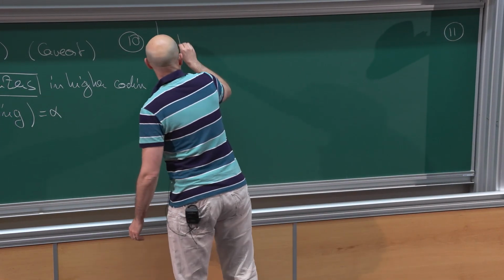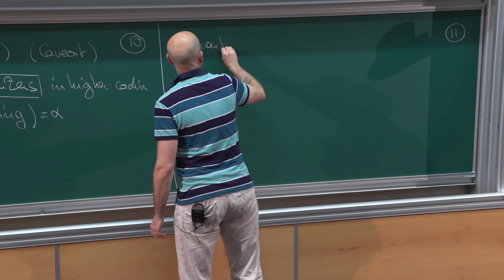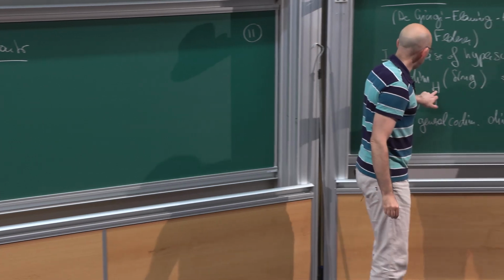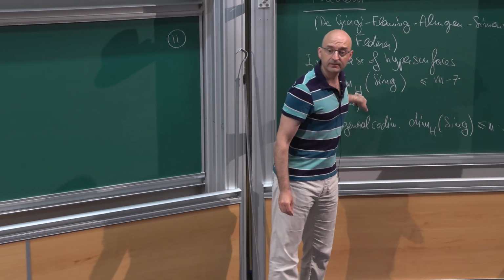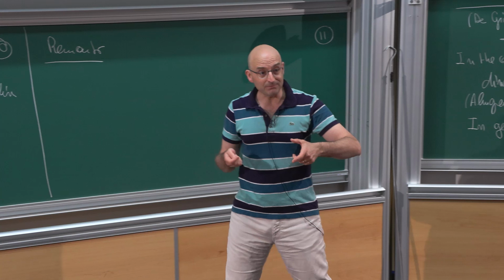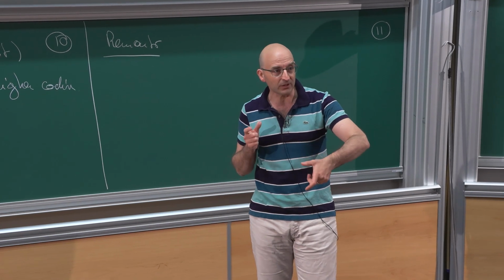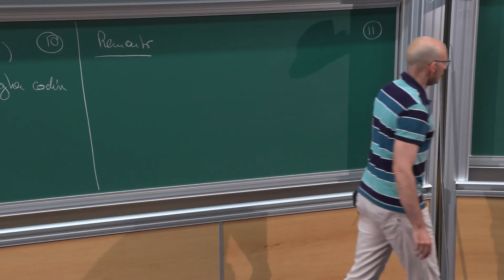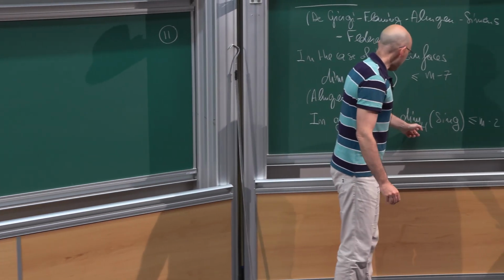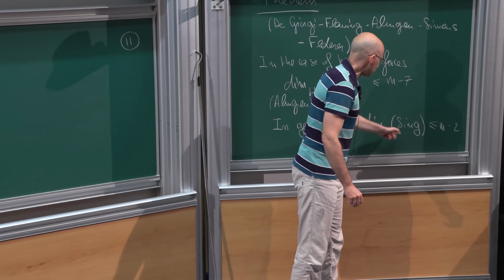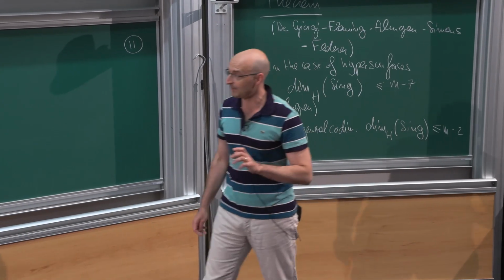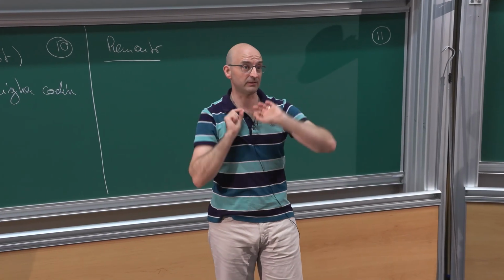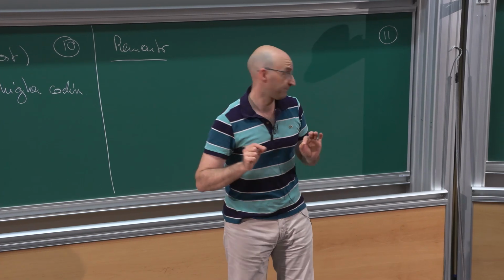OK, on the other hand, you can still do something, because, so let me just make the following important remark, which of course is probably obvious to all of you. Once I give you a bound on the Hausdorff dimension of the singular set, my singular set might be very far from what is our intuition of a nice set of that particular dimension. So for instance, here I have the bound for m equal 2, that the Hausdorff dimension of the singular set is equal to 0. And maybe I'm imagining that my minimizer has a few point singularities, maybe countably many.